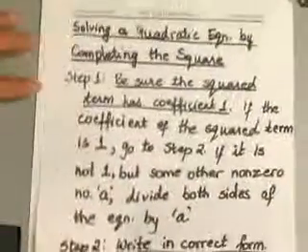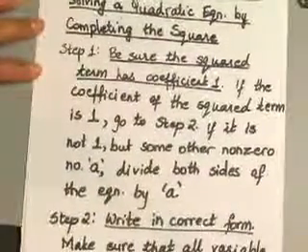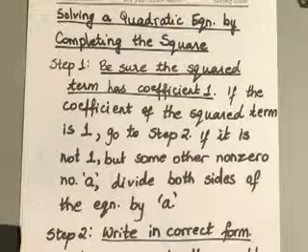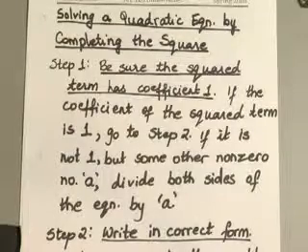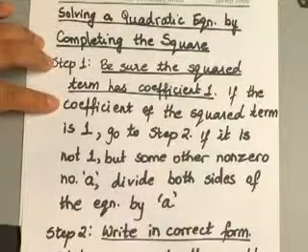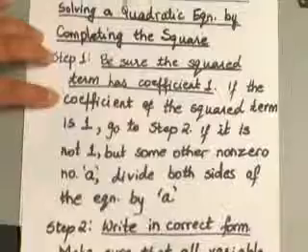Right, so let's do a recap to see what were the steps involved in trying to solve quadratic equations using completing the square. Now for your first step, you want to make sure that the coefficient of your squared term is 1.